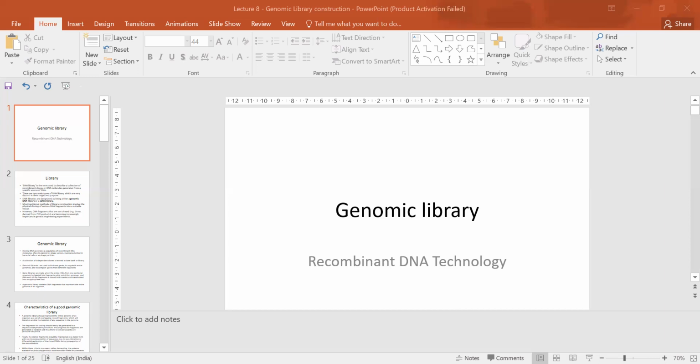There are certain constitutive enzymes which are constantly available throughout the conditions of a specific microorganism. And there are some enzymes called inducible enzymes, induced only upon certain conditions for the microorganism.